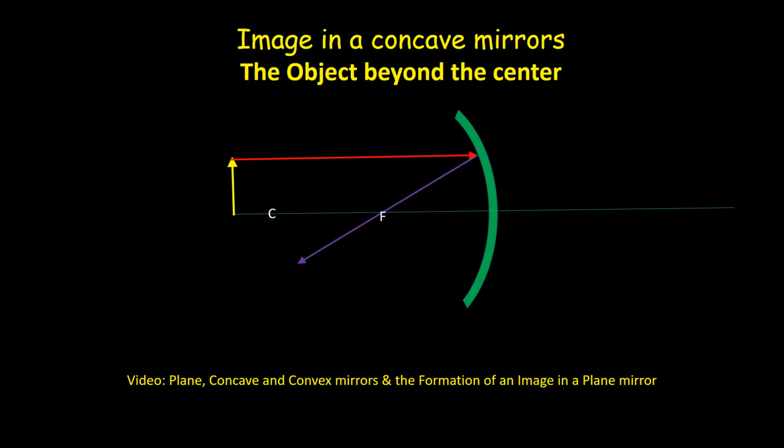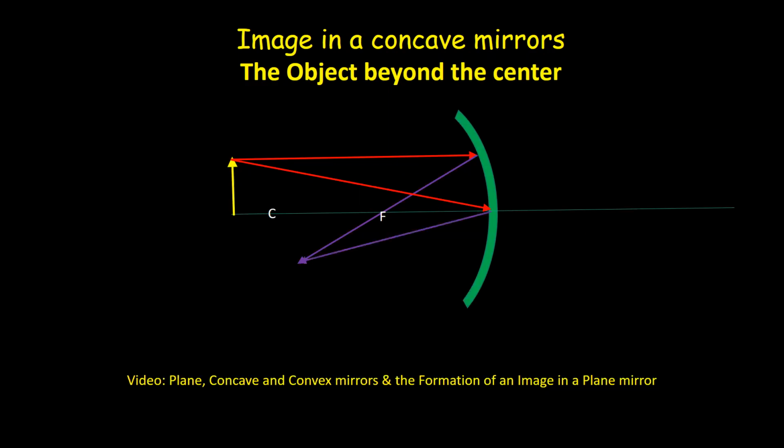And the second one goes through the pole of the mirror, which is here, and is reflected back so that the angle of incidence is equal to the angle of reflection, as we know based on the law of reflection.